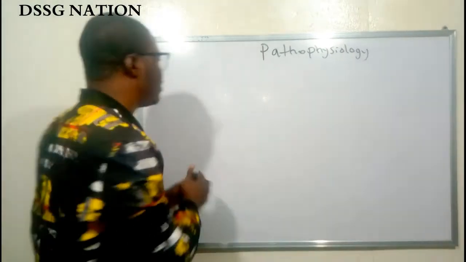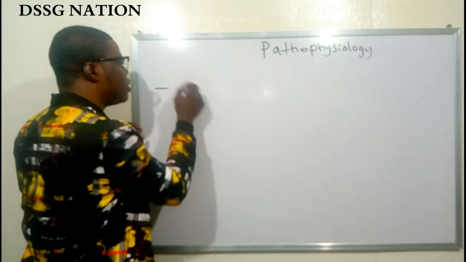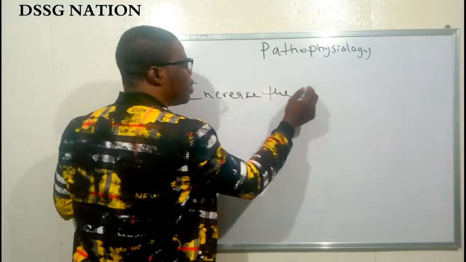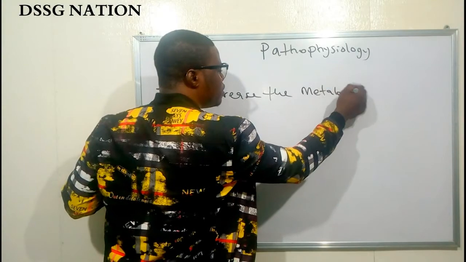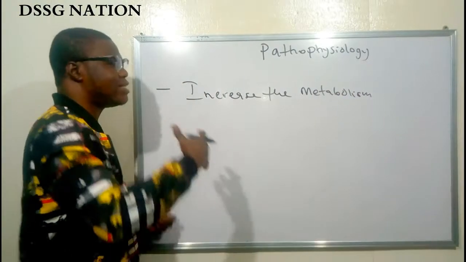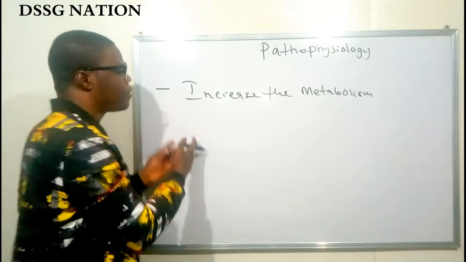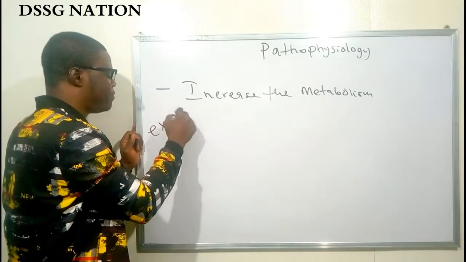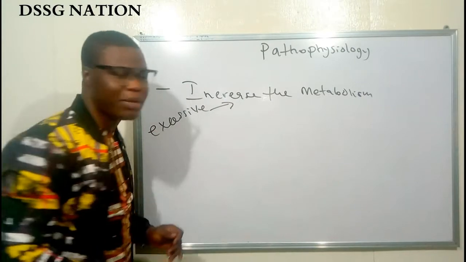Just remember that the normal effect of T3 and T4 is to increase metabolism. Since there is an increase in the amount of T3 and T4 that is supposed to increase the metabolism, there is going to be an excessive increase in the metabolic rate.